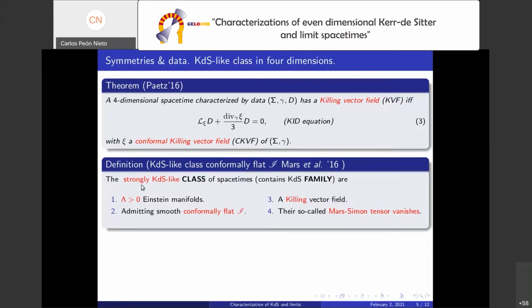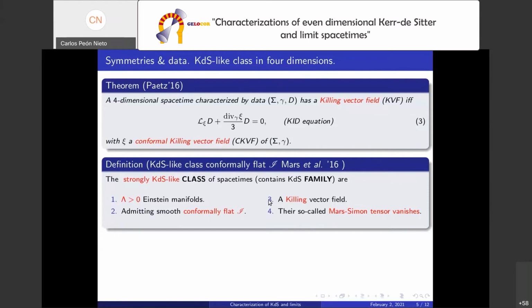So the strongly Kerr-de Sitter-like class contains several families, among which the Kerr-de Sitter family is. So the Kerr-de Sitter-like class of spacetimes are solutions of lambda positive vacuum Einstein equations, admitting a smooth conformally flat scri, as well as a Killing vector field, and their so-called magnetic tensor vanishes.